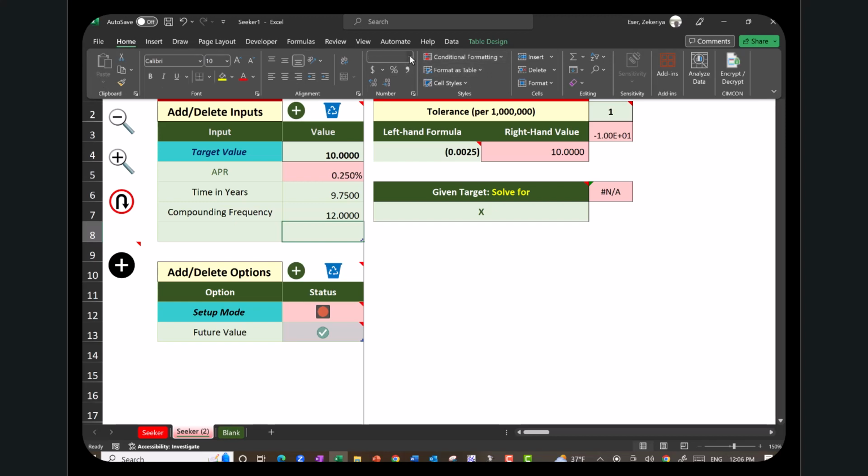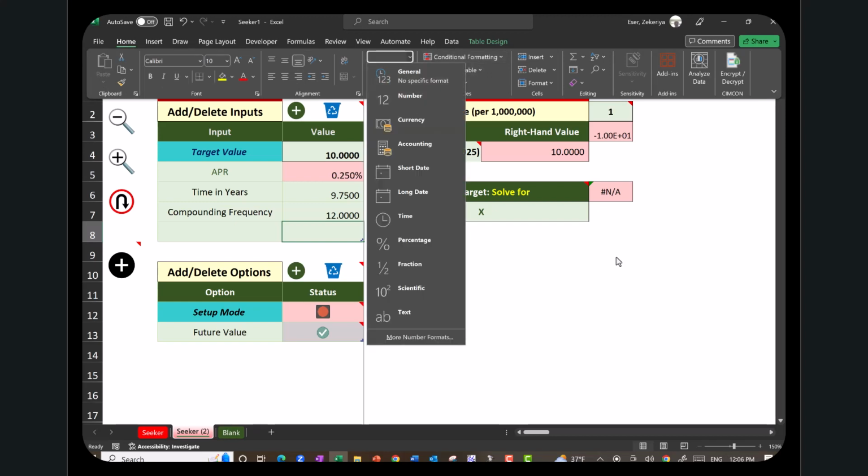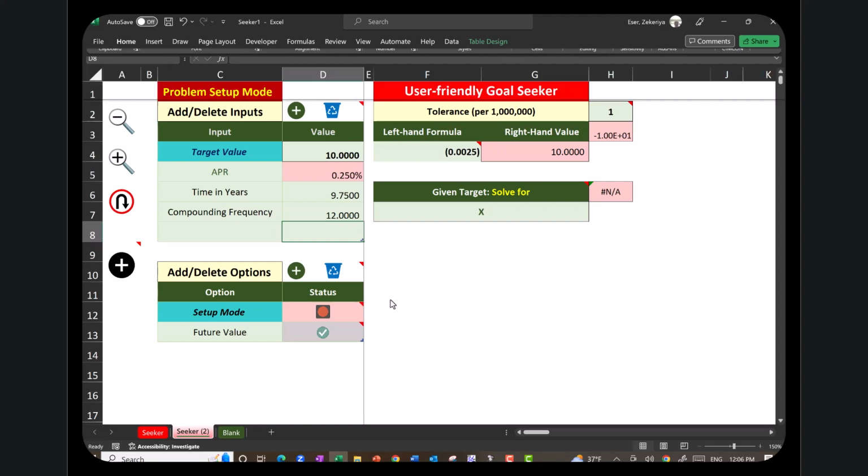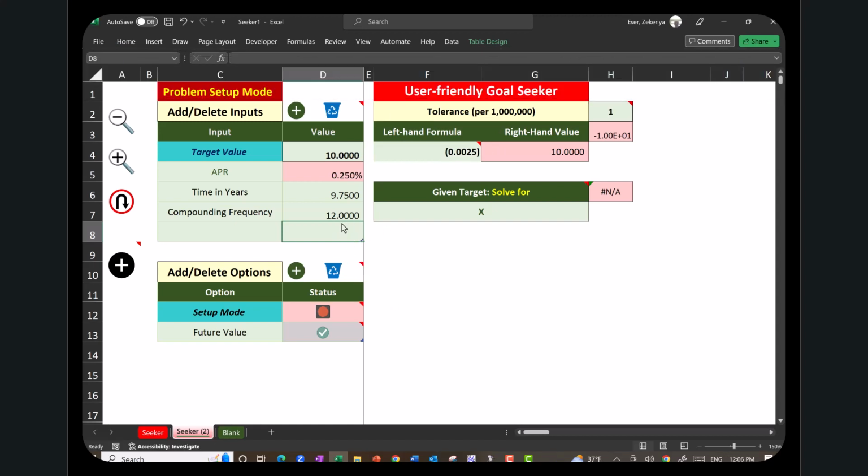I like putting money in dollar format, and it's all about communication. Calculation-wise, nothing changes. But somebody that uses a spreadsheet knows that's money.